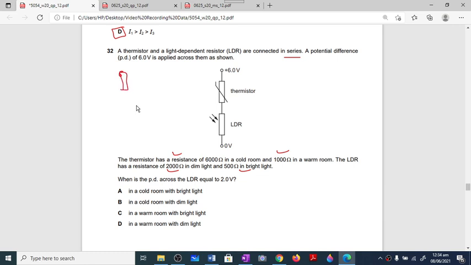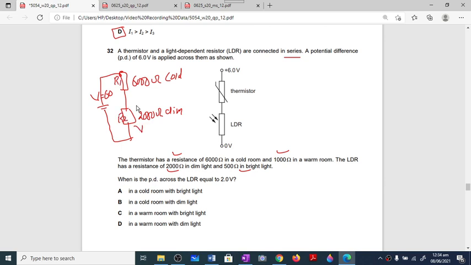This one is the thermistor, and this is the LDR. So resistance is 6000 ohm. Now it is cold, and the other resistance is 2000 ohm, and it is dim and cold, and the voltage given is 6 volt. So V is equal to 6.0 volt. It is R1, it is R2.